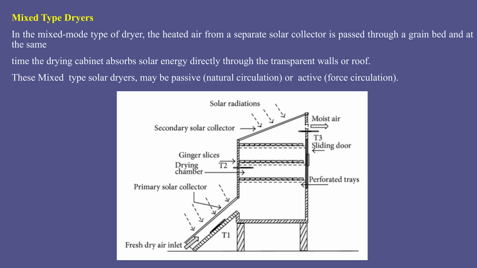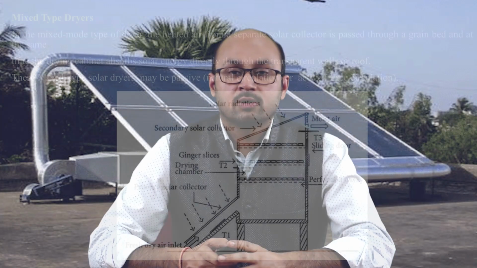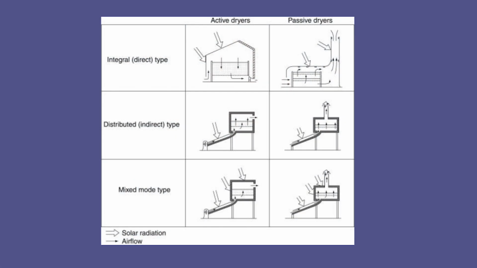These mixed type solar dryers may be passive or active. So on the basis of the classification, direct type, indirect type and mixed mode dryers can be classified by active and passive mode of operation.